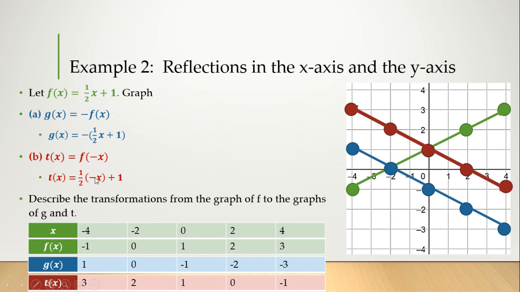Whereas in B, notice the numbers in the red line and the numbers in the f of x line. Hopefully you've noticed they're exactly the same, just in a different order. And that's because of this negative. If I put this negative into this equation, I'd get a negative of a -4, which is just a +4.